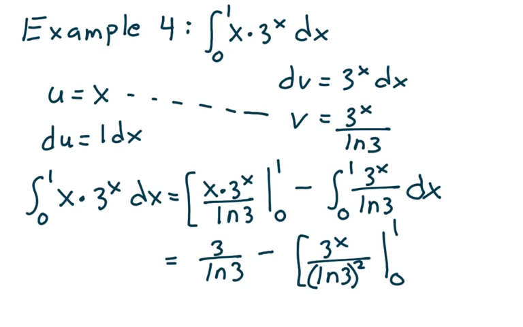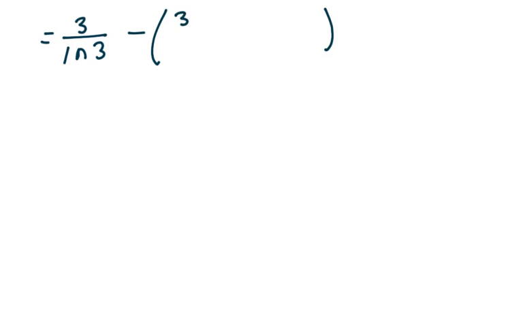So I'm going to plug the 1 in, and then I'm going to plug the 0 in. And so when I do, I get 3 over natural log of 3 minus, and then in parentheses, I'm going to plug 1 in, and I'm going to plug 0 in for x. So when I plug 1 in, I get 3 over natural log of 3 squared. When I plug 0 in, I get 1 over natural log of 3 squared.